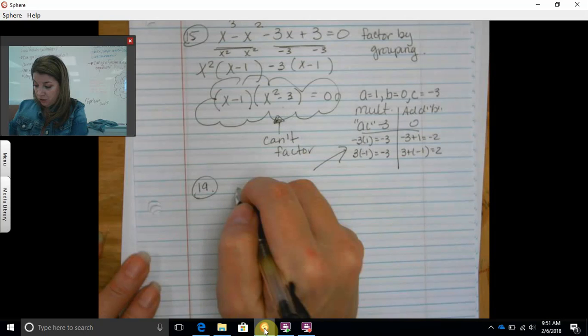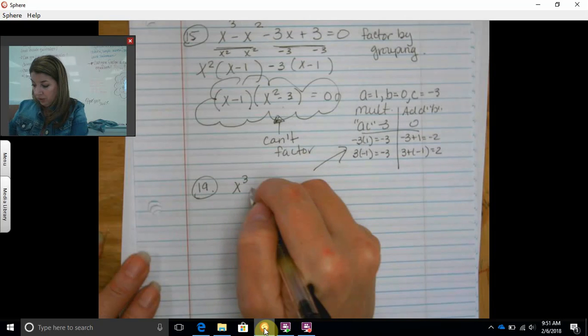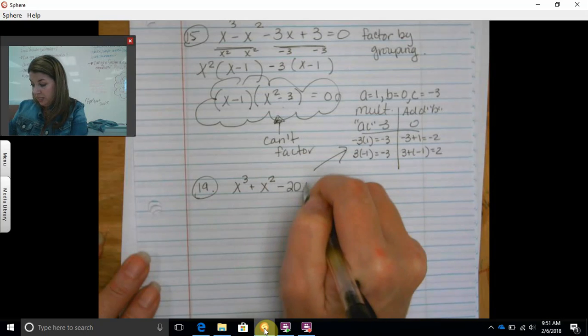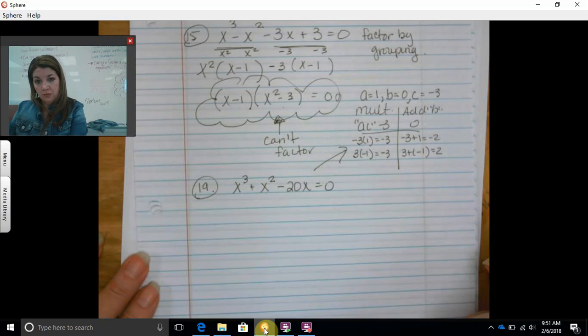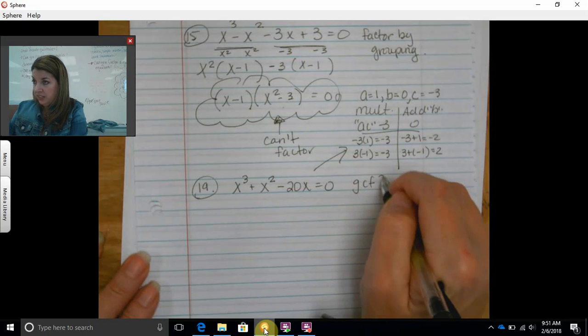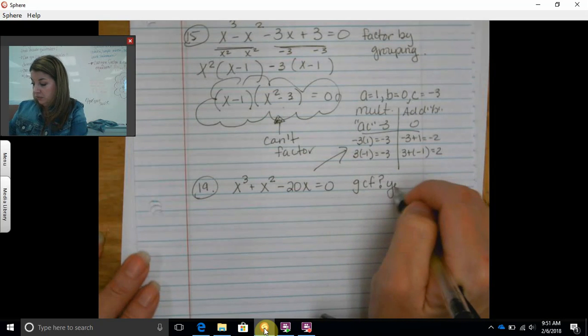We have x cubed plus x squared minus 20x equals 0. What's the first thing I'm going to do? Right, there's the greatest common factor, and it is x.